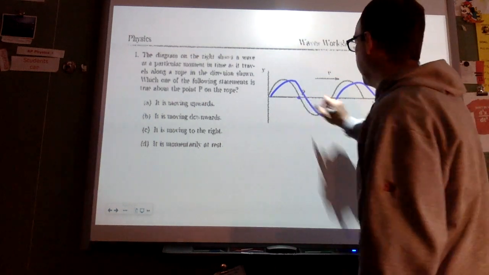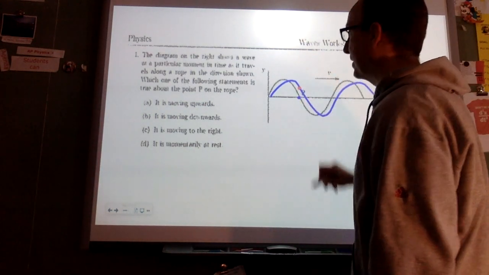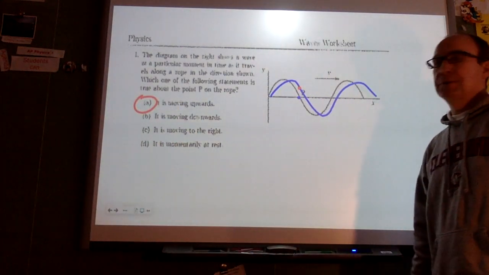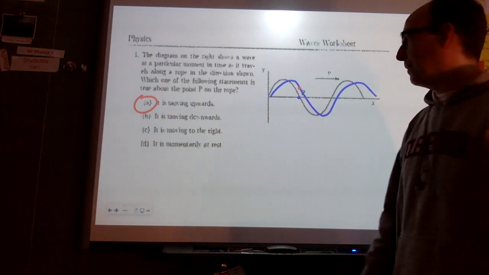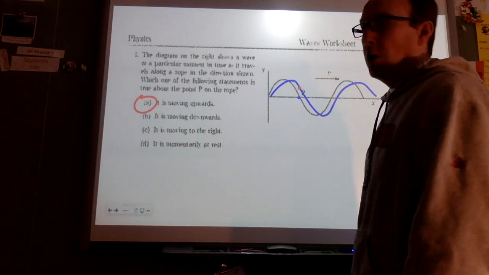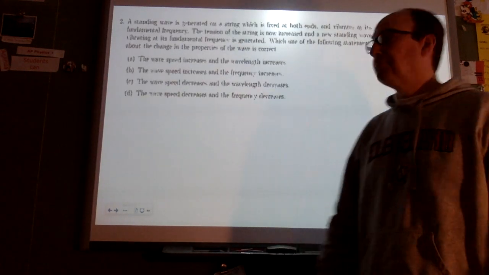So that means if P was here, now P is there. And it tells me that it's moving upwards, up. The rope itself doesn't move down, just the pulse does, right?